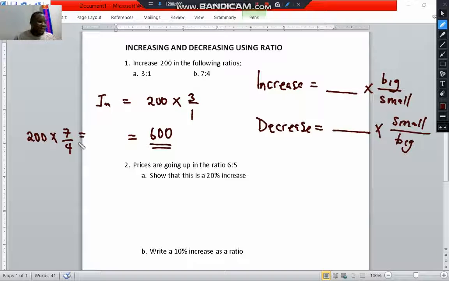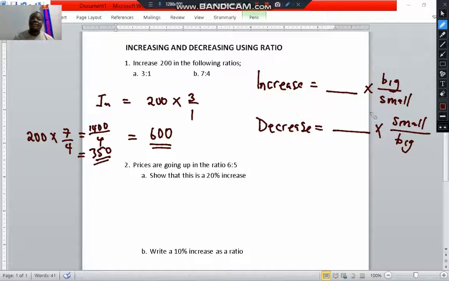If we do this, you'll find that you've got 1,400 divided by 4. You divide this by 4 to give you 350. So the answer to the second part would be 350 when we increase 200 in the ratio 7:4.